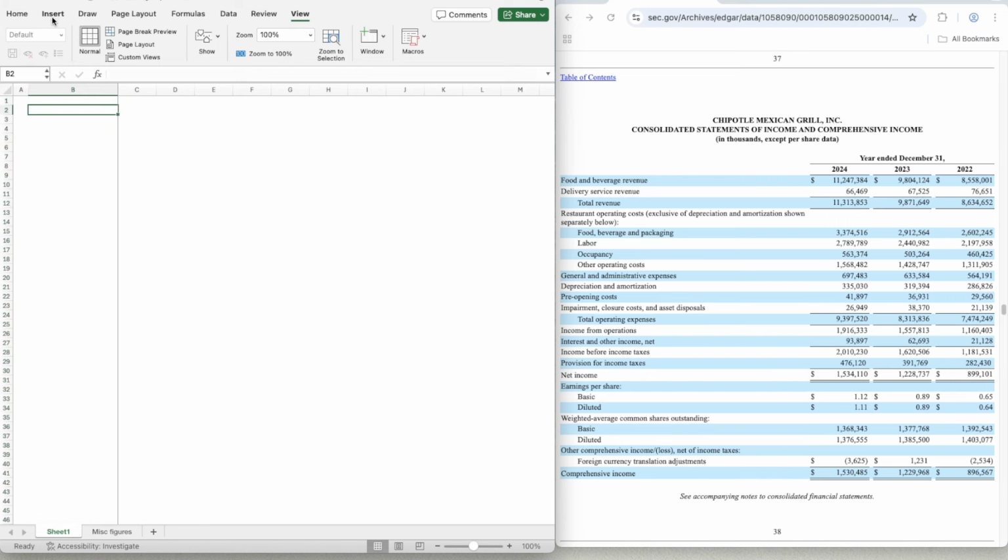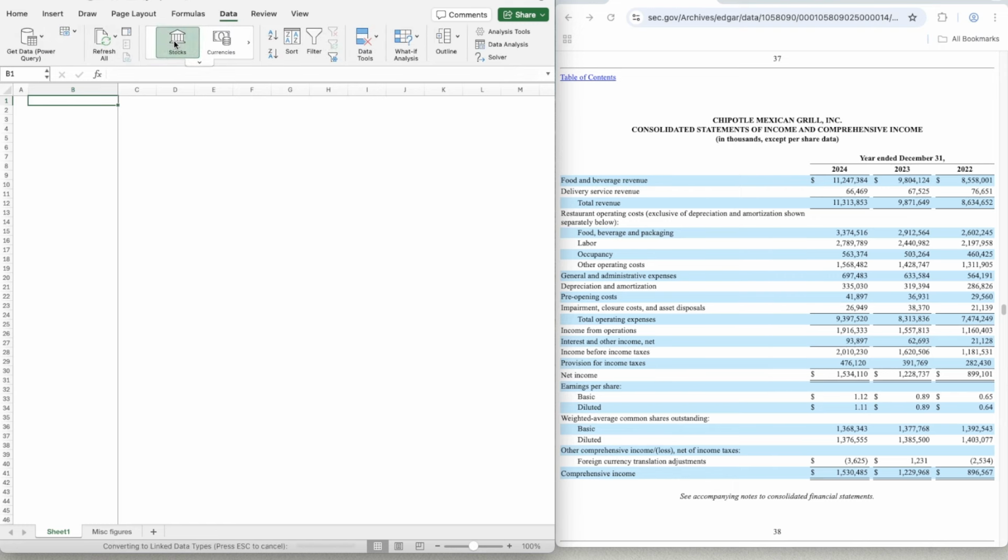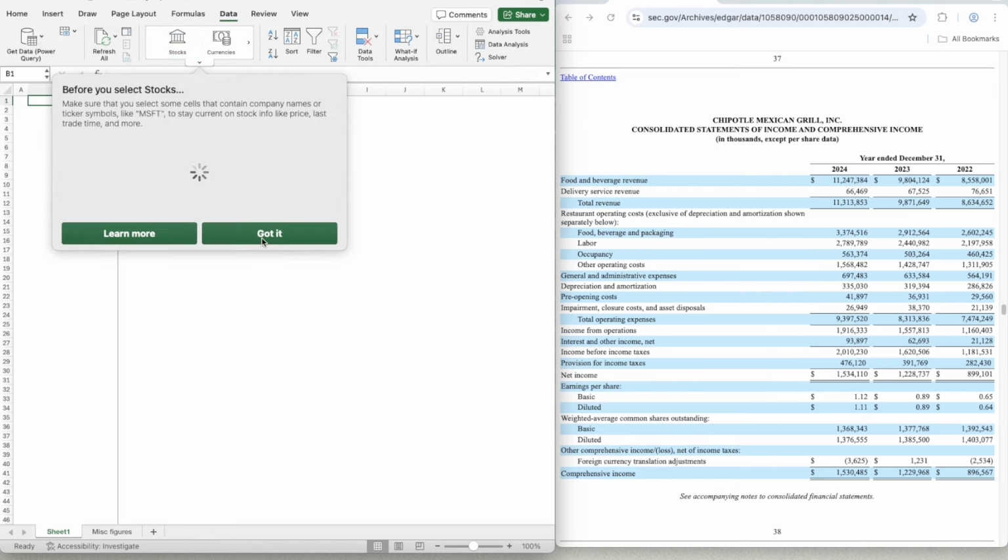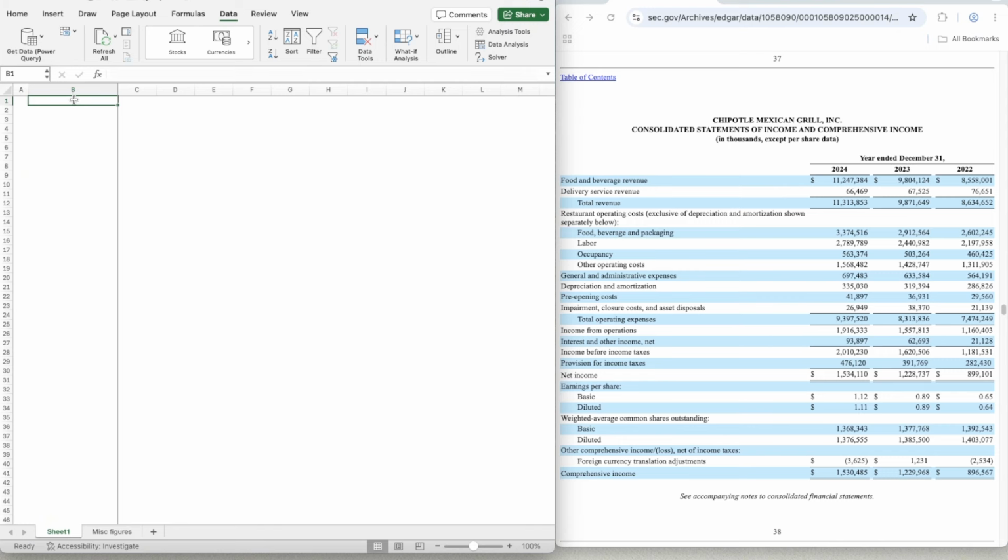And what we want to put in this first one at the top is, let's just put CMG because that's the ticker, and we can go stock. It just takes a little bit of time to load sometimes.